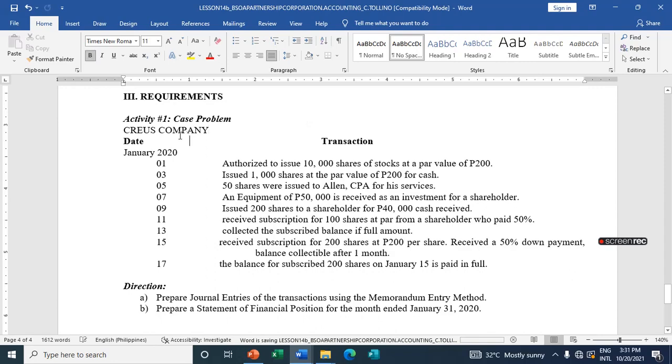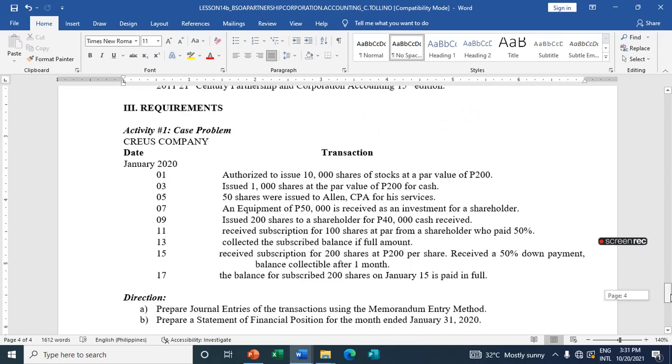So these are the transactions from Creus Company.